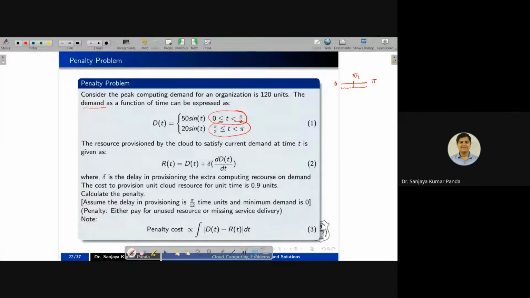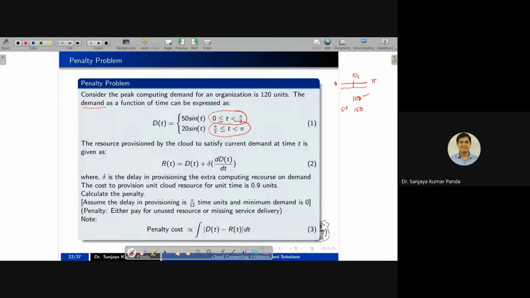Now, the resource provisioned by the cloud to satisfy the current demand at time t. So always the demand depends upon the resources. For example, your demand is 100, but 150 resources are available, and we can easily provide it. But if your demand is 100, but I have 50 resources, I cannot provide it.